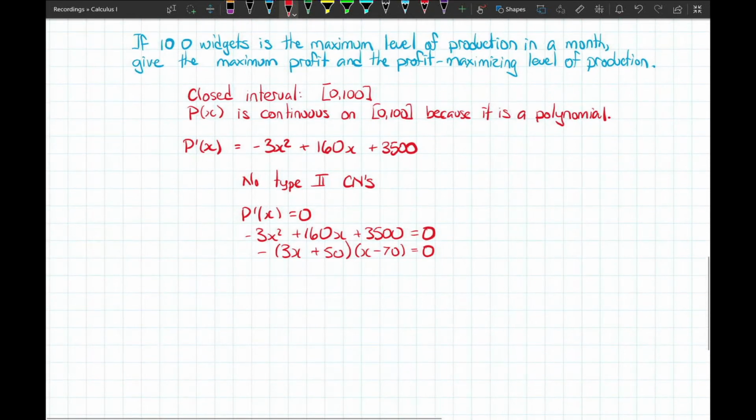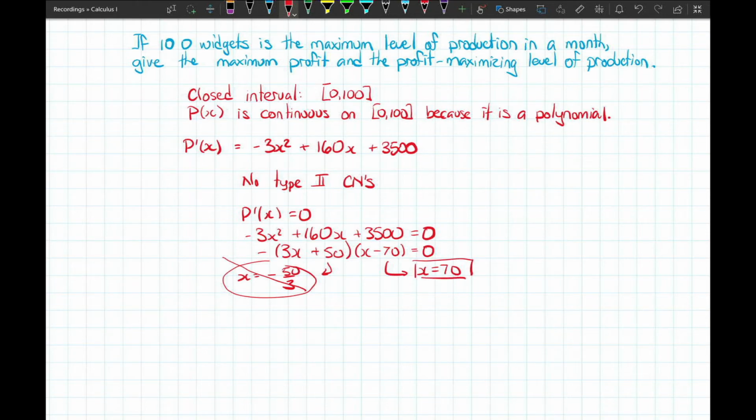And there are two critical numbers. We would see x is equal to 70 and x is equal to negative 50 over 3. But that critical number is not contained in the interval from 0 to 100, so that leaves us with only one critical number.